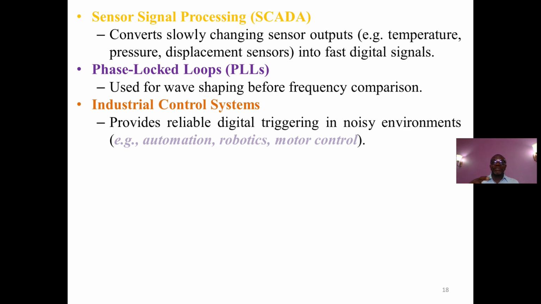So you use this Schmitt trigger to get them to what they should be and transmit.